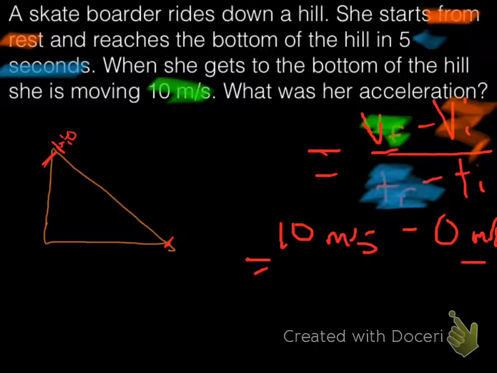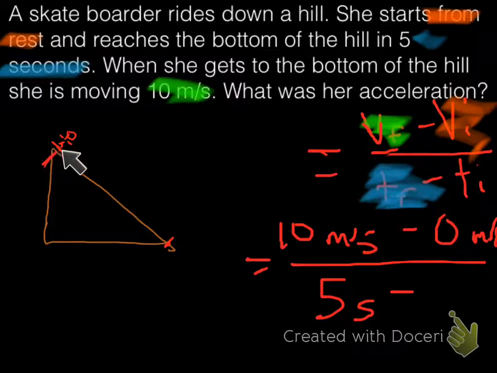And then the final time we decided is at the bottom of the hill. That's going to be our final time, and go ahead and write that as 5 seconds. And then our initial time, it just makes it convenient if we start the stopwatch at time equals 0. So we're going to put 0 seconds here.